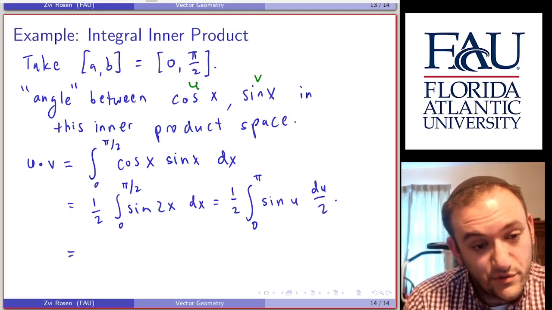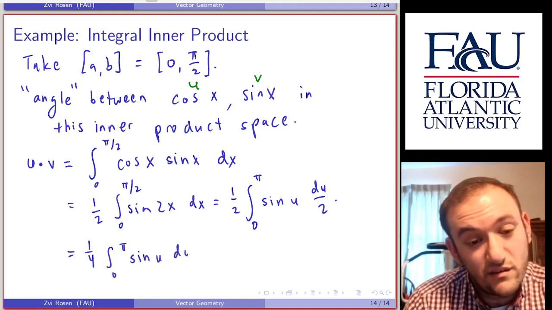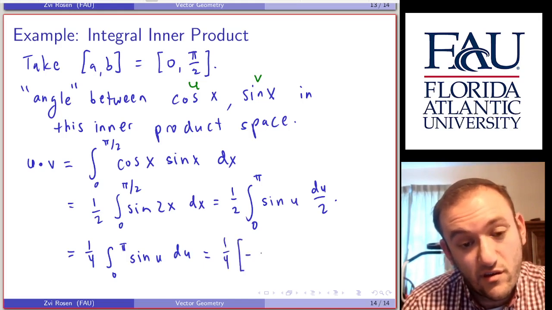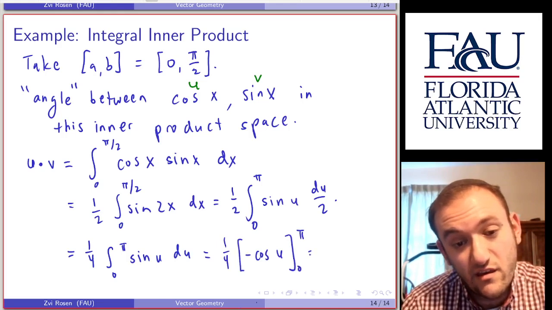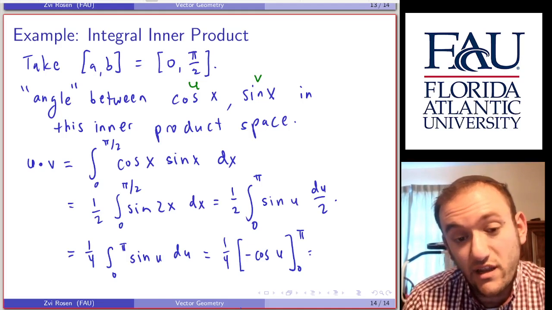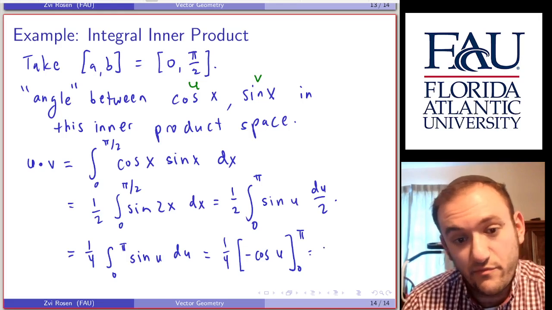So that's equal to 1/4 times the integral from 0 to pi of sine u du, which is 1/4 of minus cosine u from 0 to pi. Okay, so cosine of pi is -1, so it starts at 1, and cosine of 0 is 1, so it's 0.